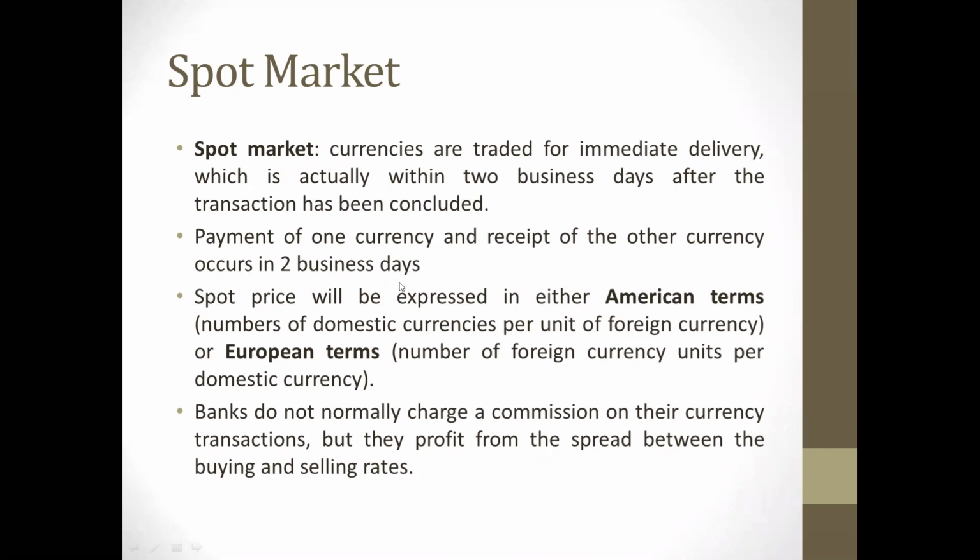Now you can see that's why we call it the spot market. The spot price will be expressed either in American terms, which you now know is the direct term, or in European terms, which we call the indirect term. Right, now you are familiar with those concepts coming under international finance.